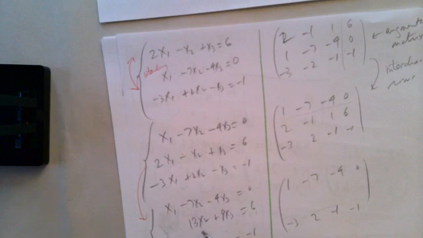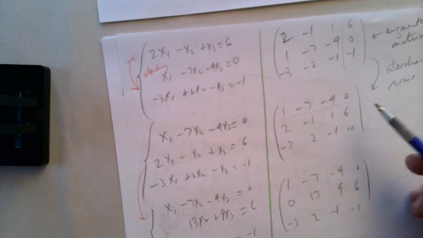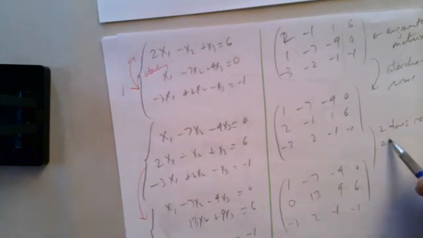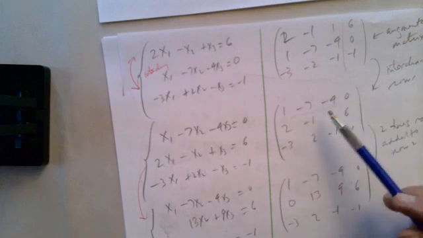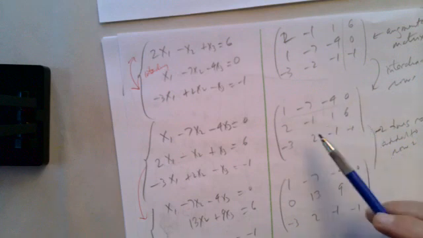But the new third row, the coefficients are 0 times x1, 13x2, 9x3, 6. And what we did was multiply to get from here to here. It's 2 times row 1 added to row 2. Multiplied this row by -2 times this row and added it to this.